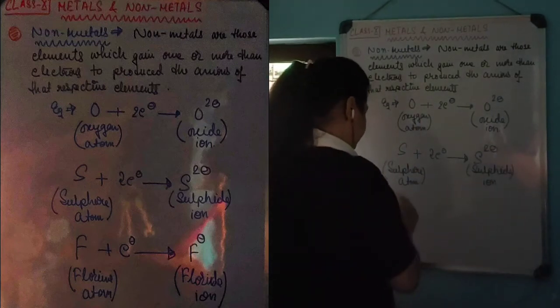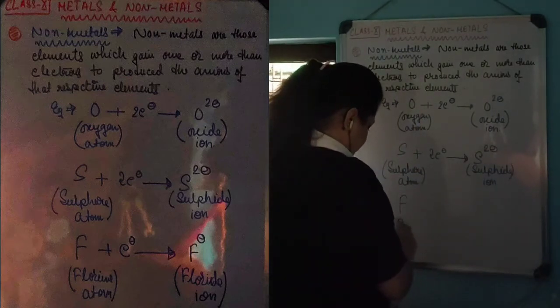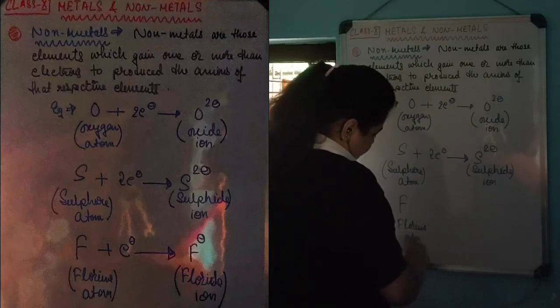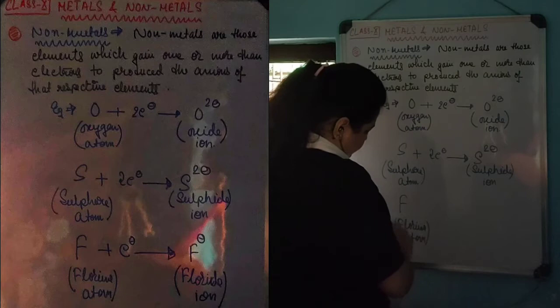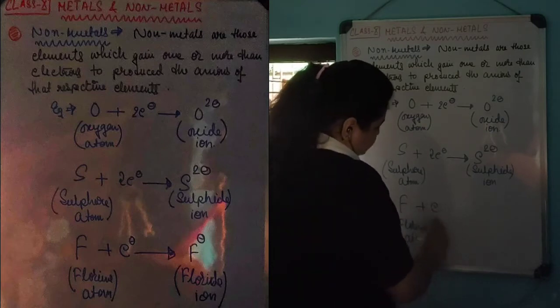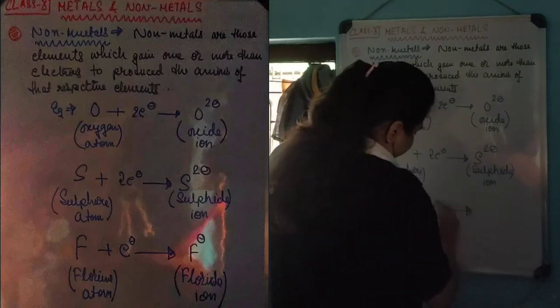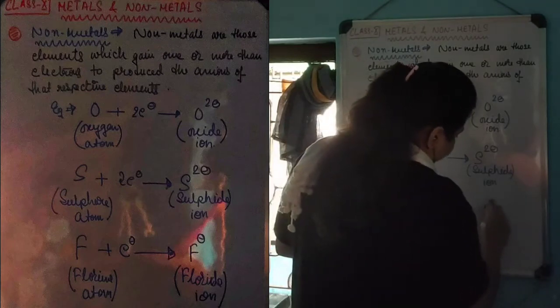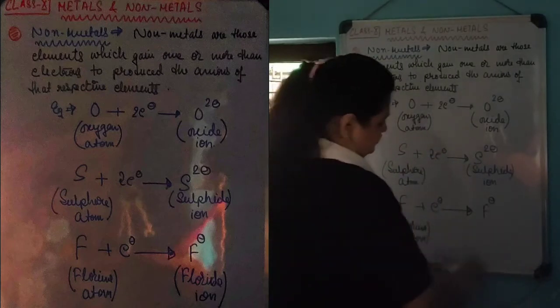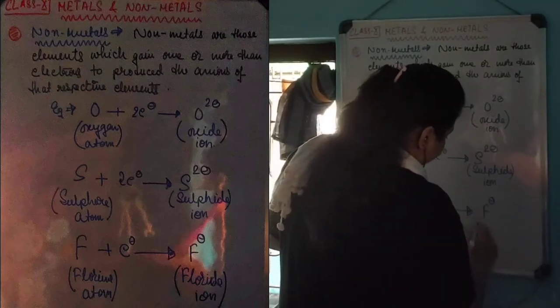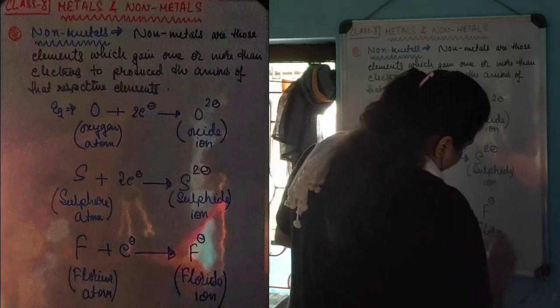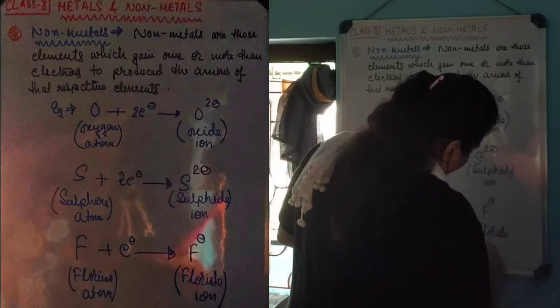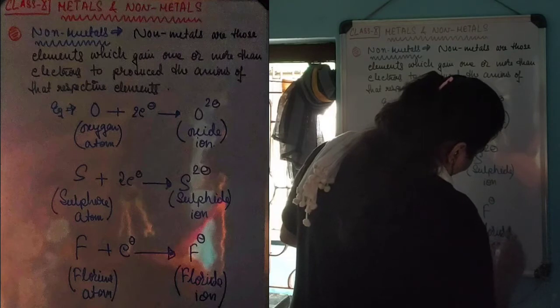Let's take another example. This is the fluorine atom. It gains 1 electron and produces the F minus anion. The name of this anion is fluoride ion.